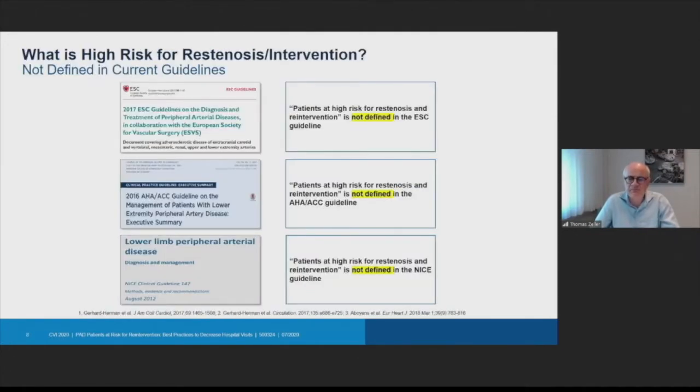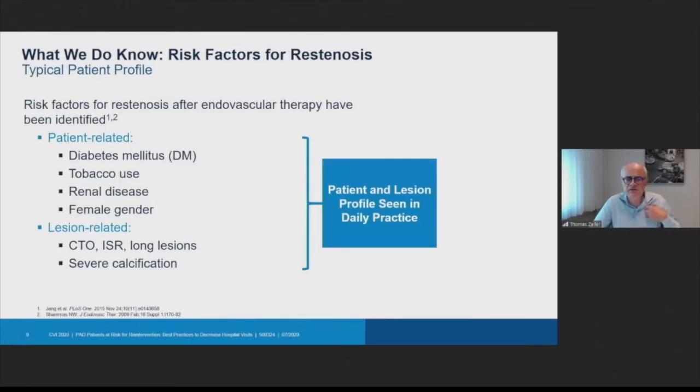And the big problem here is with this recommendation, if you look into the guidelines, there is no definition for patients at high risk for restenosis or reintervention. So how to identify these patients?